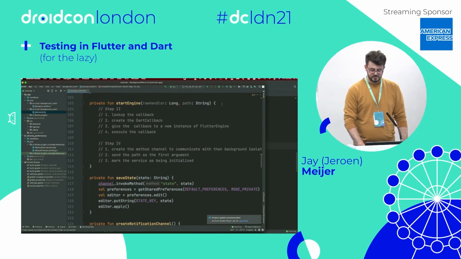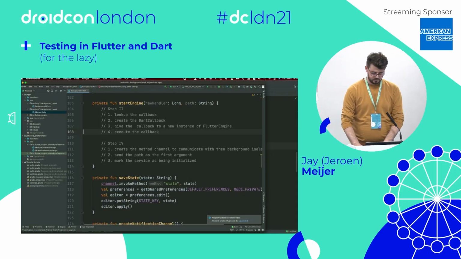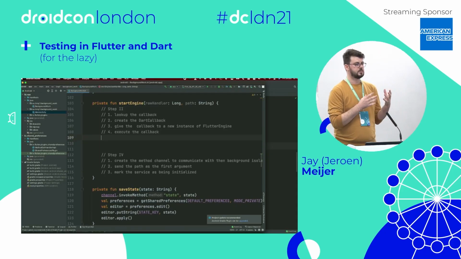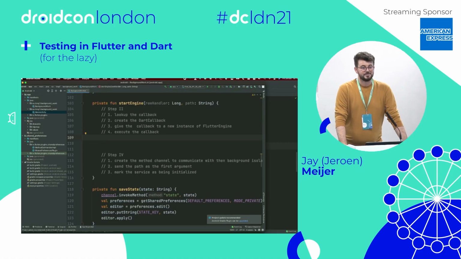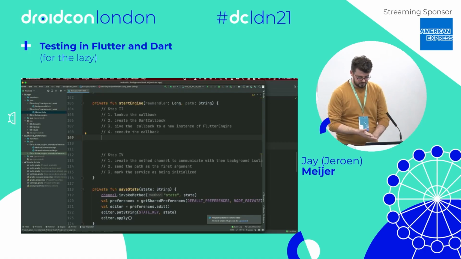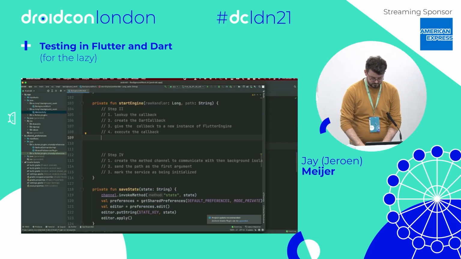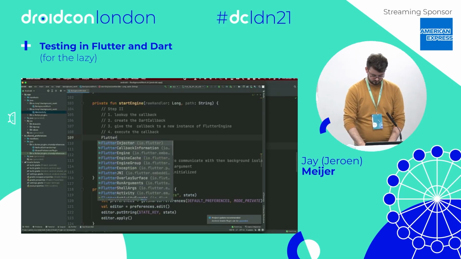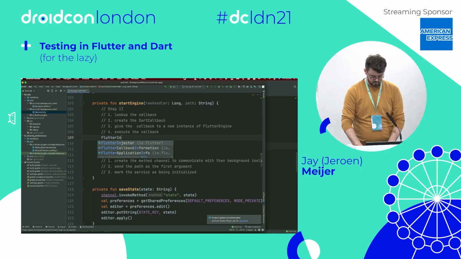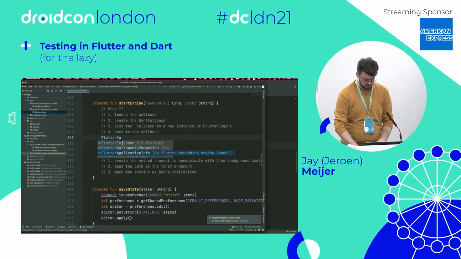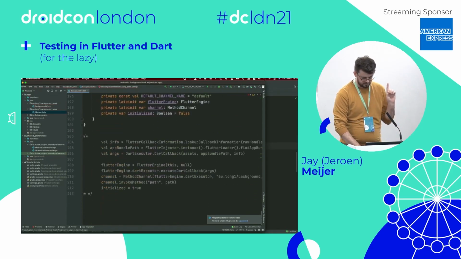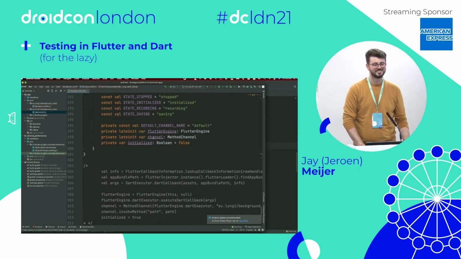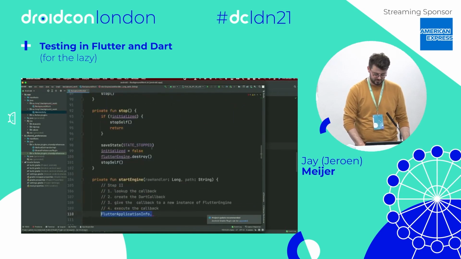So how do we start the engine, the code, right? How do we use the handler that we just got to start up the function? So we need to look it up. So there we actually get the handler, and now we need to look up the handler. So it's going to be Flutter callback information.